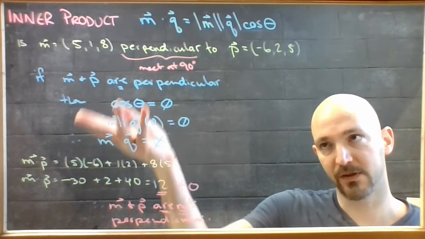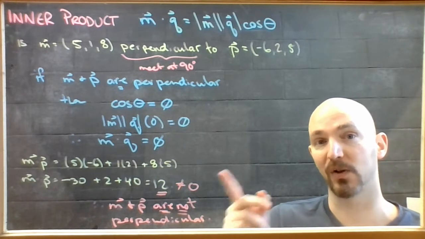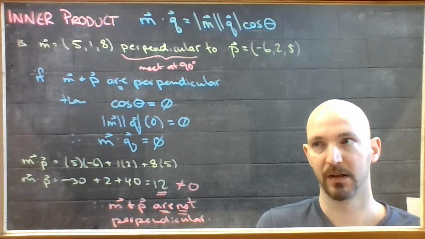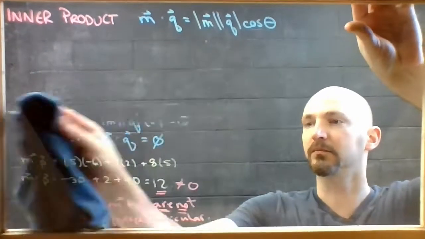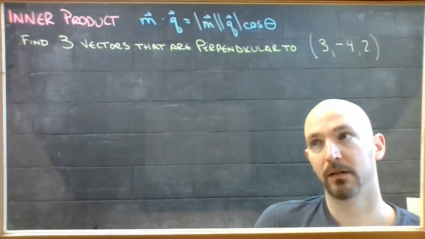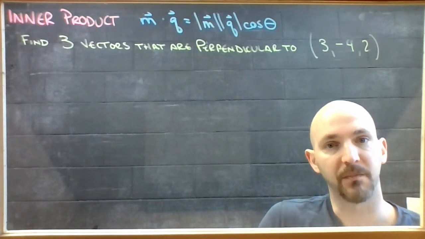So if I can test if something is perpendicular using the dot product, I can also use the dot product to force two vectors to be perpendicular. So I'm going to erase this and give that a try. First off, I'm going to have to make up a vector.